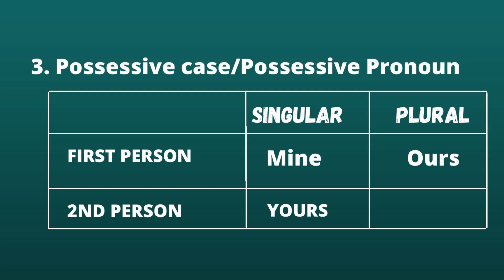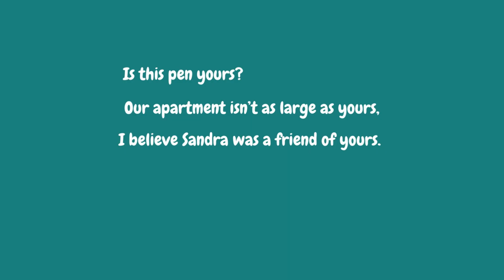They could replace nouns. Okay, so second person singular is yours, and second person plural is also yours. Now let's have sample sentences here. Is this pen yours? Our apartment isn't as large as yours. I believe Sandra was a friend of yours.